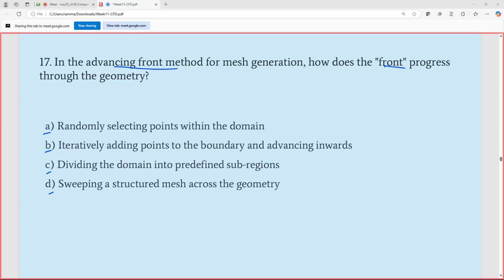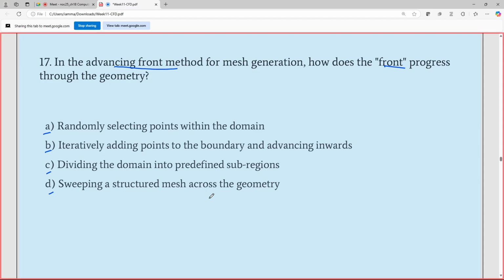The answer is option B, that is iteratively adding points to the boundaries and advancing inwards. The front means how the particular process progresses inside the geometry. It will subdivide the boundary by adding points, and with that it will advance inwards. It starts at the boundary and advances into the inside of the geometry.